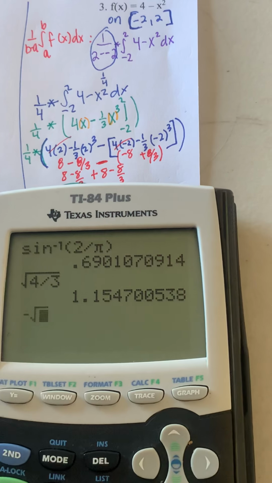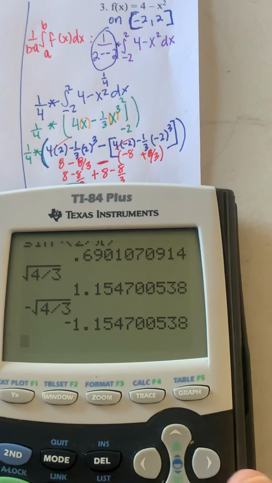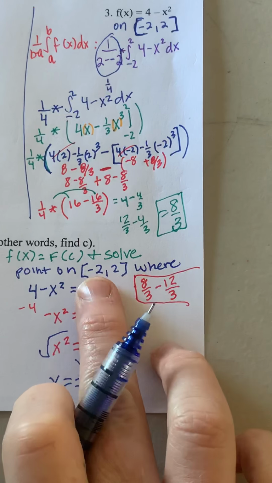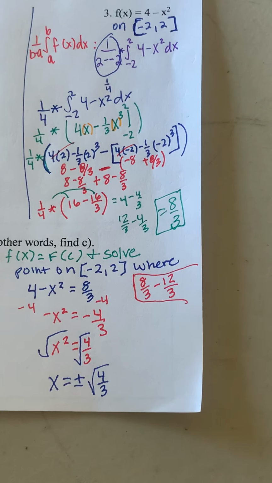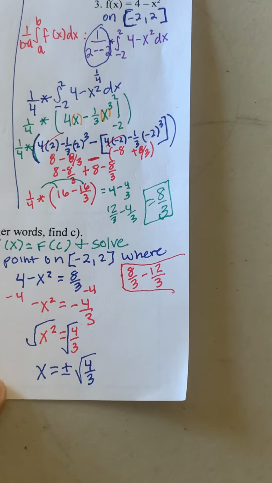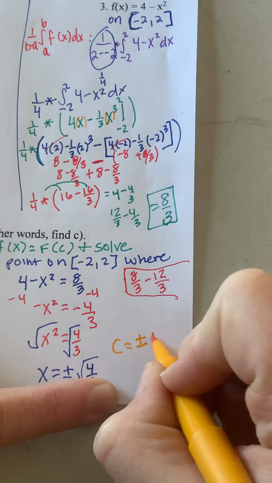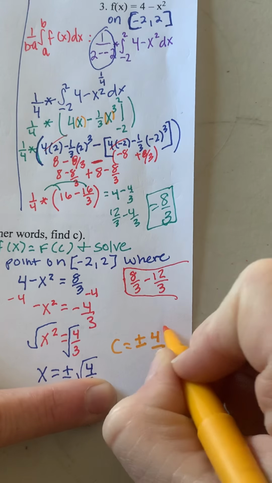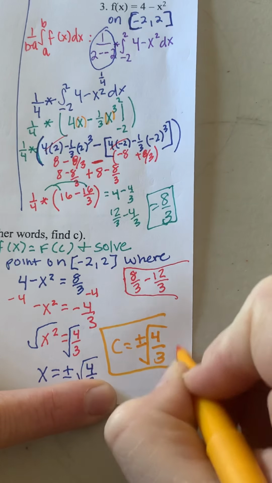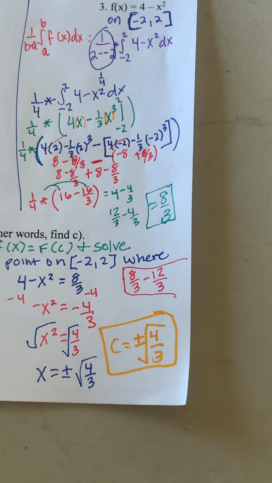Negative square root of 4/3 is negative 1.15. So they both fit on this interval because we're really square rooting here. So that means C would hit the average value at plus or minus the square root of 4/3. Okay?